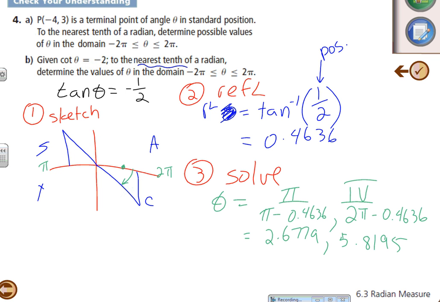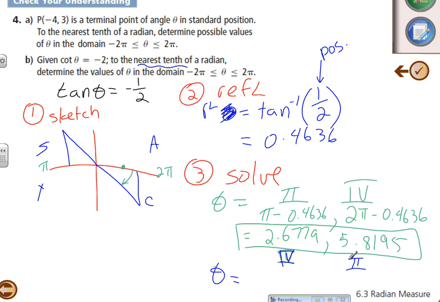Now we've got to do the negative direction. Let's go in the negative direction. We come into the quadrant 4 answer. Maybe I'll change colors. So quadrant 4 and then the quadrant 2 answer. In quadrant 4, we go to just the reference angle there, negative 0.4636. And in quadrant 2, we go to negative pi, and it's still got to go a bit further.